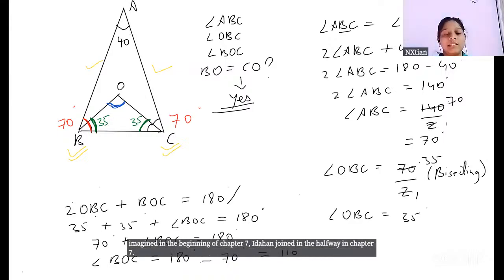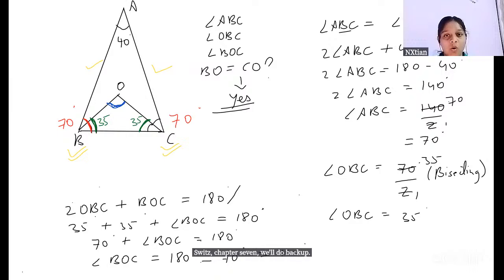So till chapter 7, we'll do backup. And 8th, all of you were there, so we won't take it right now. But after the whole course is done, if you need anything revised again, I will take that. Okay. So from 5 to 7, we'll do 5, 6, and 7 as backup, and then we'll continue with our course review.